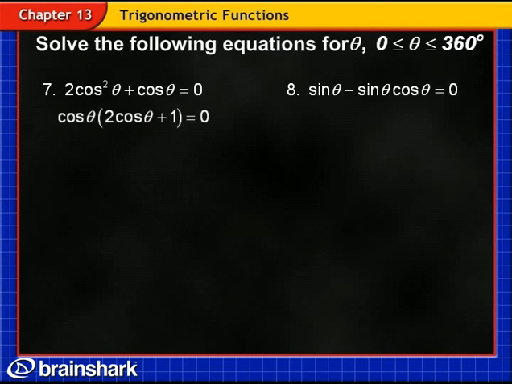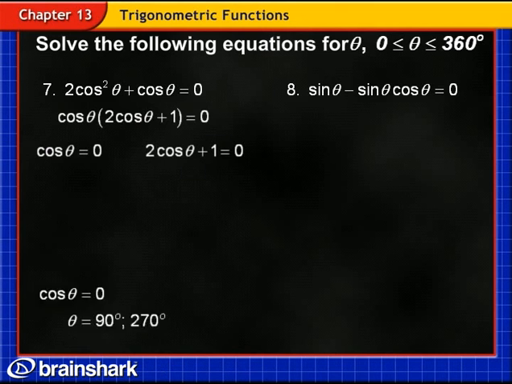So I'm going to set each of these equal to 0 and solve them. So I'm going to have cosine of theta equals 0, and 2 cosine of theta plus 1 equals 0. I'm going to solve them just like they were 2 individual problems.